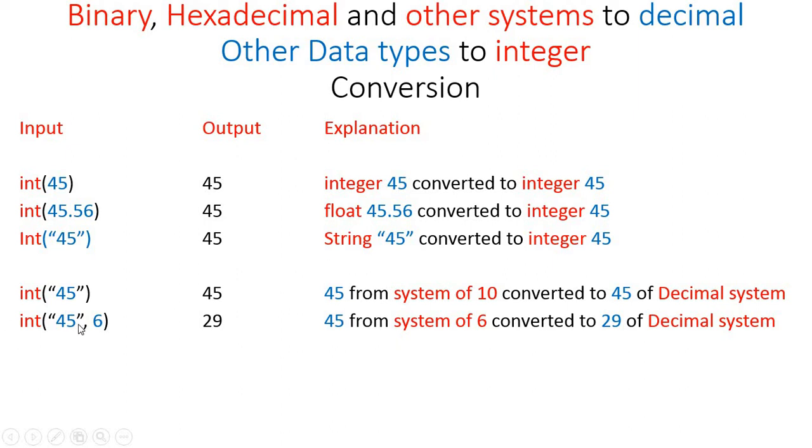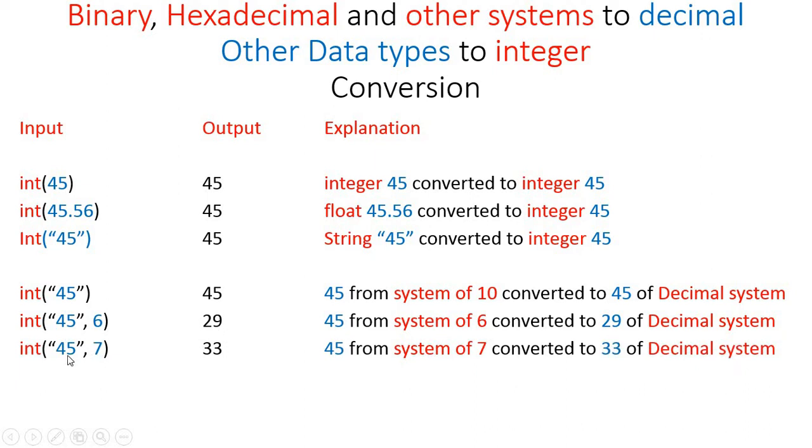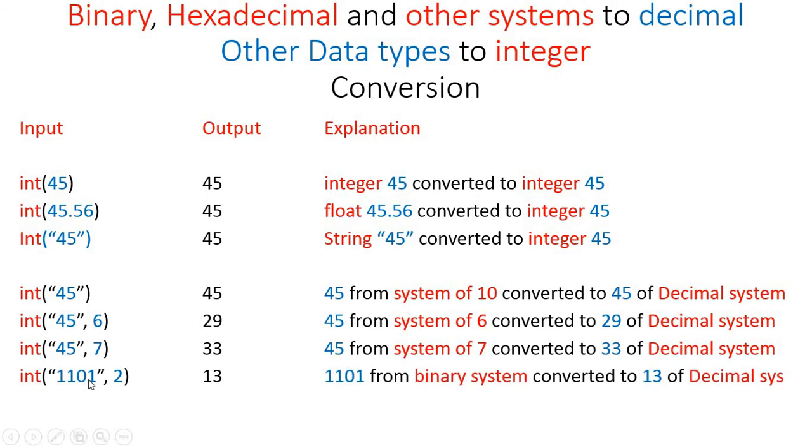So this 45, which belongs to the base system of 6, has been converted to the decimal system where it is equal to 29. Here we are converting this 45, which belongs to the base system of 7, into the decimal system where it is equal to 33 in decimal system. This 1101 belongs to the binary system, that is the base system of 2, and you are converting it into decimal system, that is the system of 10, and this is equal to 13 in the system of 10.